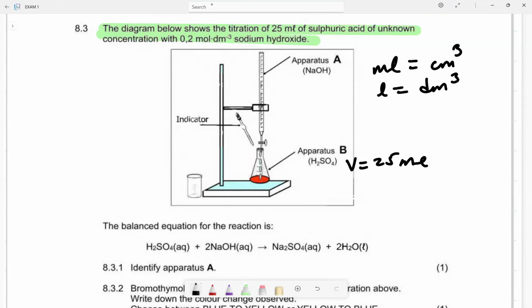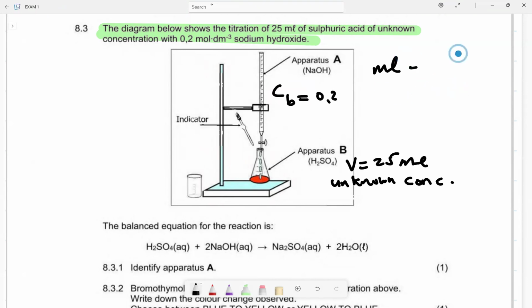This one is of unknown concentration. This one needs to be of known concentration, hence they are saying it is a standard solution, with 0.2. So the base has a concentration of 0.2 mole per decimeter cubed.